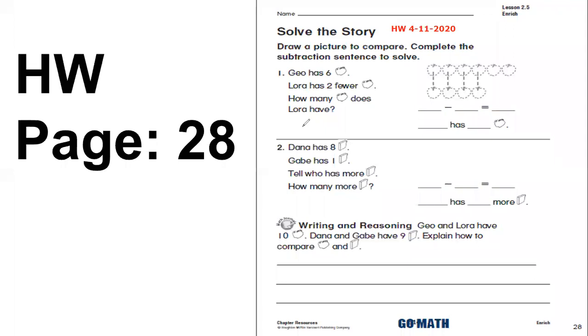Now you're going to solve question number 1 and question number 2. And don't solve the last one, okay? Just question number 1 and question number 2. Now let's move on to the next page, page 29.